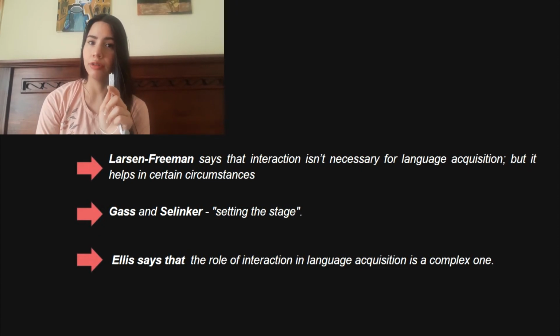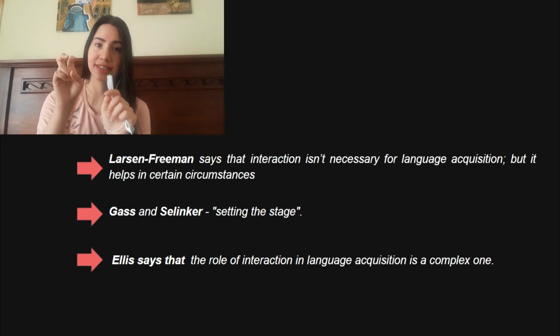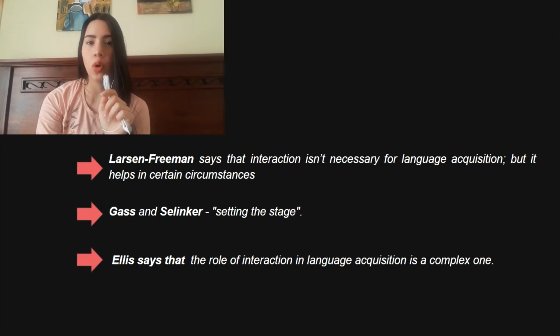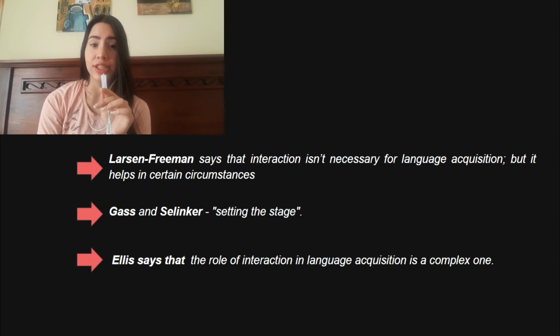She does say, however, that it helps in certain circumstances. Gass and Selinker claim that as well: as interaction facilitates learning, it may also function as a priming device, setting the stage for learning rather than being the means by which learning takes place.